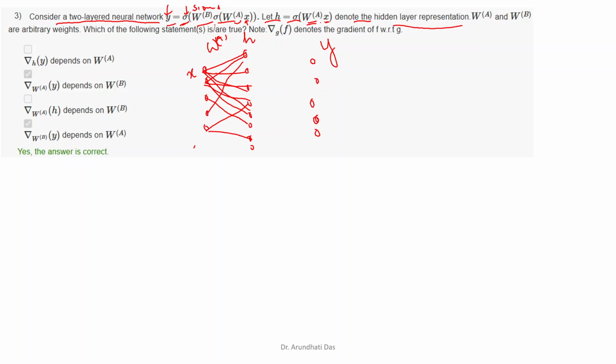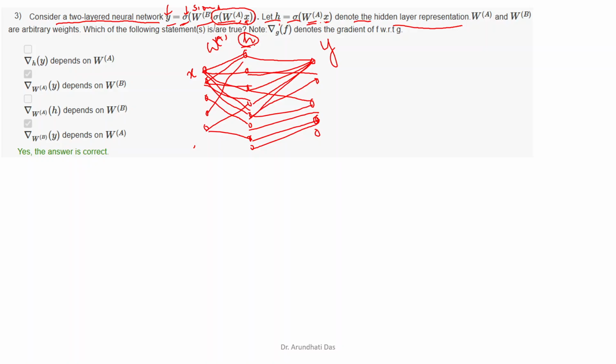These y neuron values are obtained by applying the sigmoid function on what we just saw, which is our h, the hidden layer.